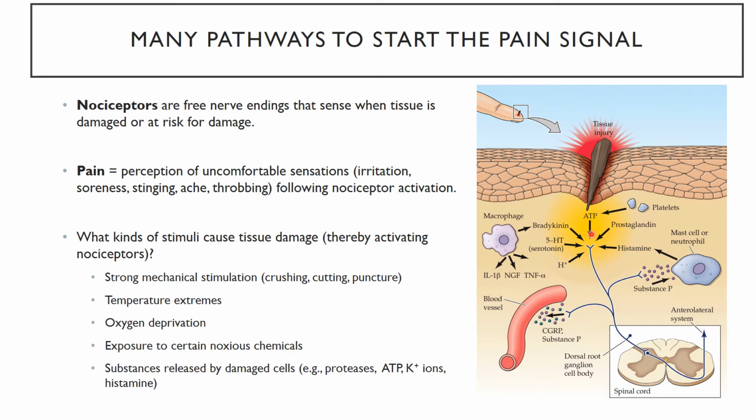If a nearby cell is damaged, it will undergo a process of lysing, and material will spill out of it. It'll activate certain chemicals if it's irritated. Macrophages can release certain factors, so the immune system will cause that irritation in the skin, some swelling, and that will act on these receptors, the free nerve endings, to induce activity and cause them to fire.